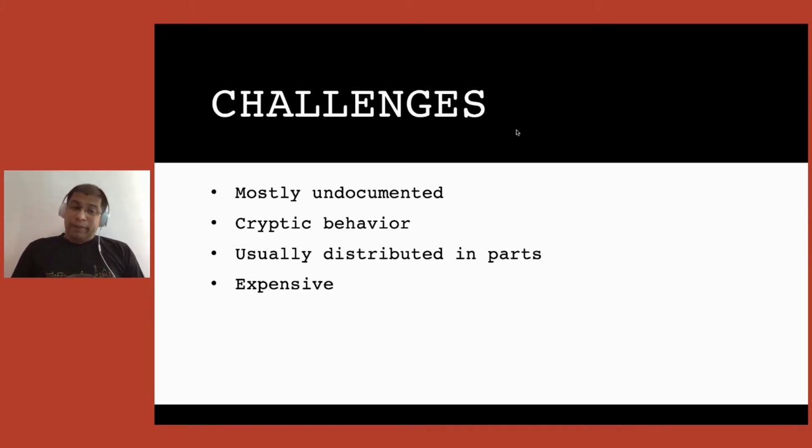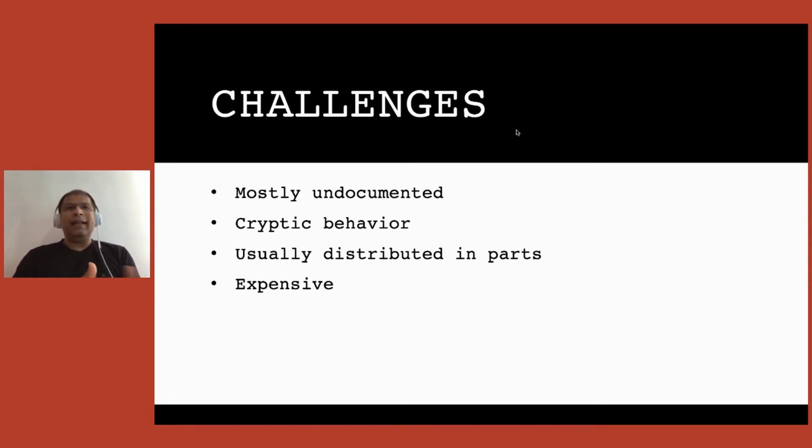Another big challenge is that they are usually distributed in parts. Even if you get hold of an executable file, you will not be able to trigger it completely in your debugger or in your environment, because the big vendors do not share the complete executable in a single instance.